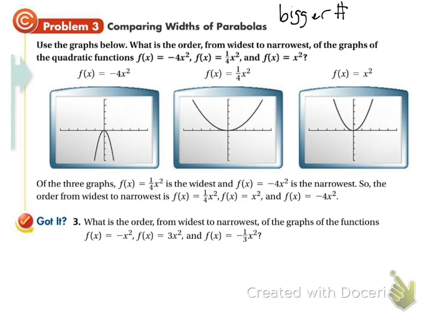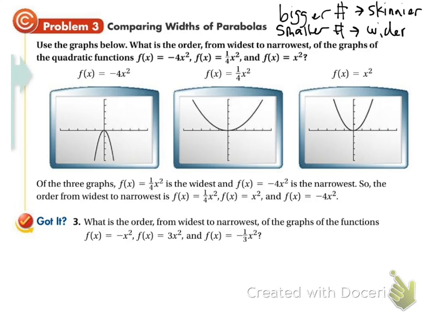Bigger number goes with skinnier. Smaller number goes with wider. The one thing that we don't take into account when we're comparing the widths of the parabolas is it doesn't matter whether it's positive or negative, okay? We're going to ignore if it's positive or negative and then just look at the number if it's big or little.